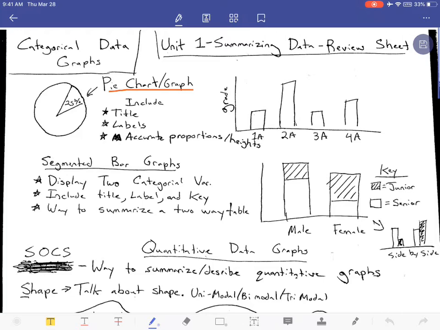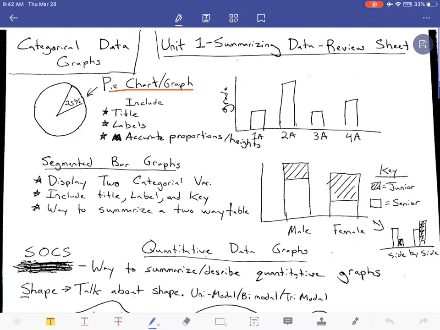Essentially that is where you split up all the different types of categories into little slices of the pie, and it's a way to visually see what percent is in each one. Some important things to know about that: make sure you're including a title, you're including labels, and you're accurately making your proportions, your slices, right in your pie chart.